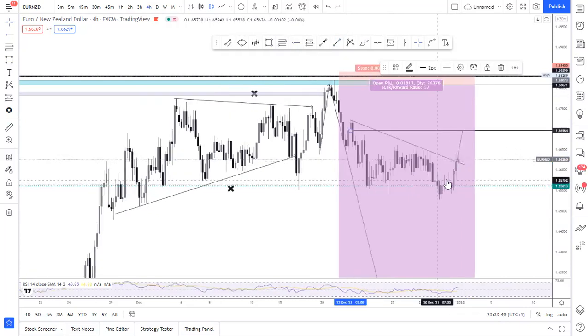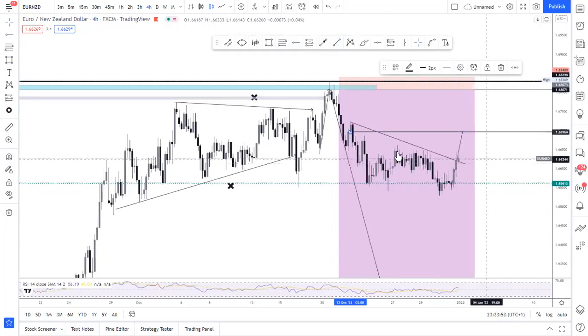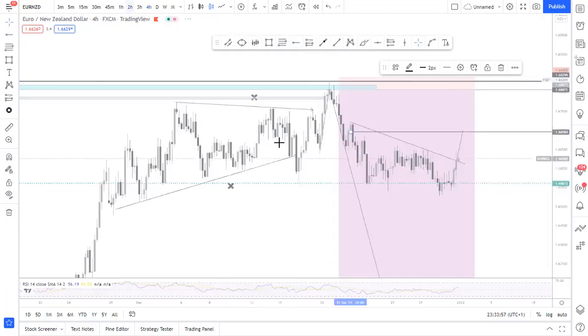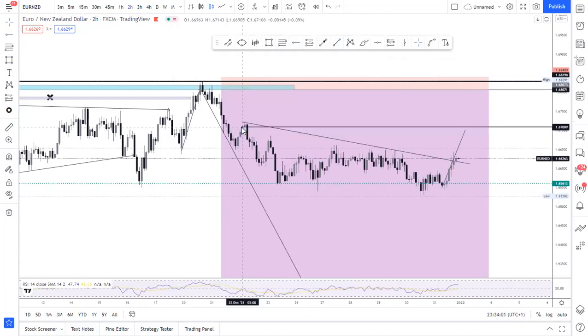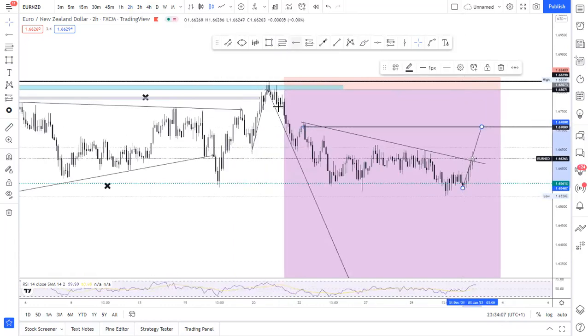So I'm anticipating price to come right to this point, because that is where I can see the most open orders. And that is where the recent open order is, right here. It's either price come right at this point here, or we get this.